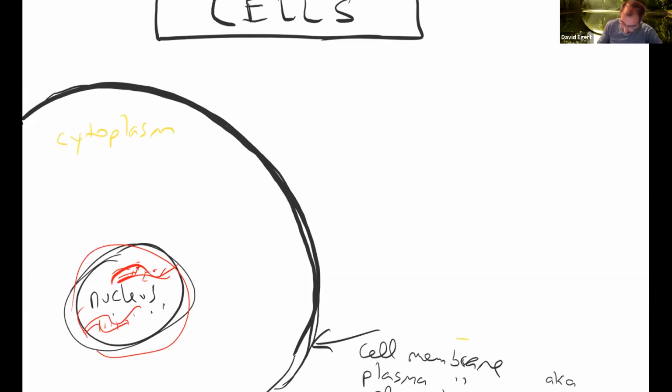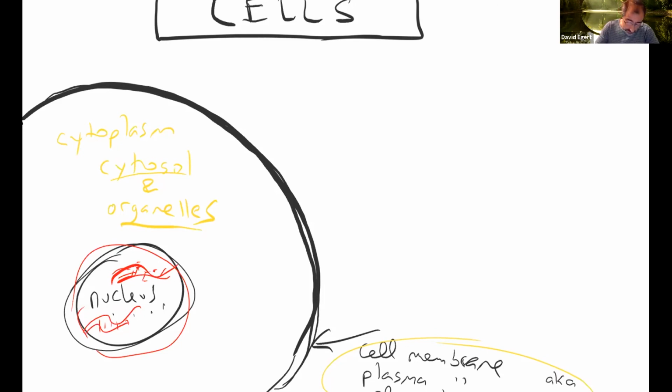Again, we're going to come back and spend a lot of time at the cell membrane, but let's just say cytoplasm is basically cytosol and organelles. Cytosol just means the fluid in there. Organelles are the little structures you find in there.